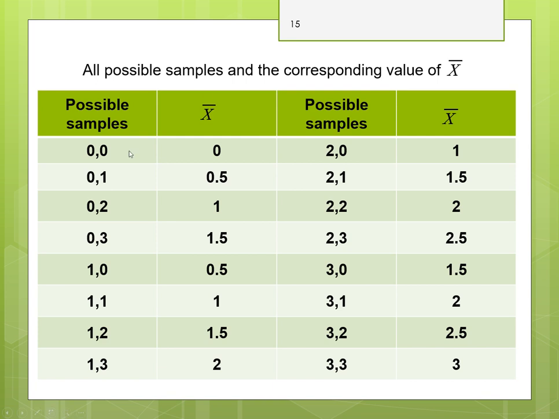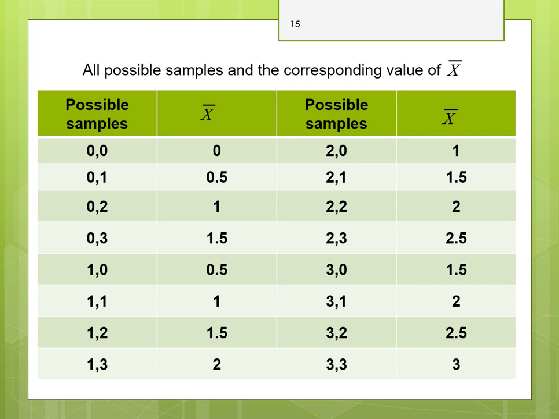And we'll figure out all of the X bars with each sample. So here, how many X bars can we get? We find that some numbers of X bar repeat, right? 0, 0.5, 1, 1.5, 2, 2.5, and 3, right?